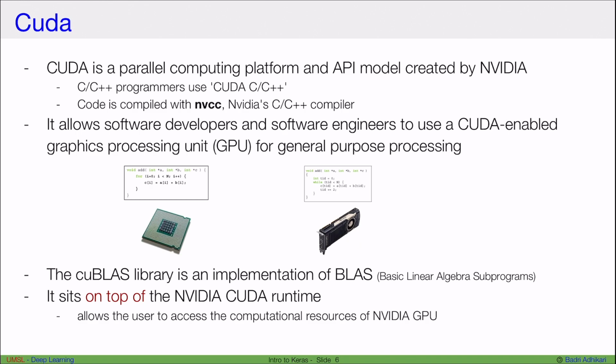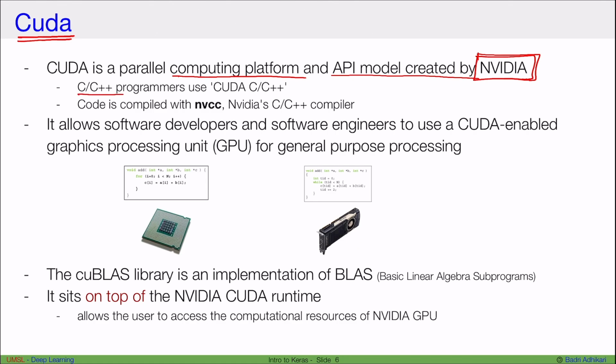Now let's talk a little bit about Cuda, because it's very interesting that Cuda allows you to run code faster in GPU. Cuda is a parallel computing platform and API model created by NVIDIA. So this is proprietary. You have to remember that because it doesn't work on other GPUs.